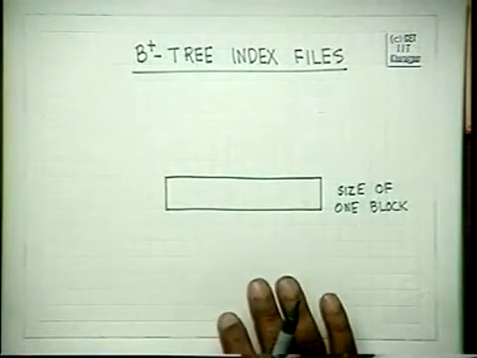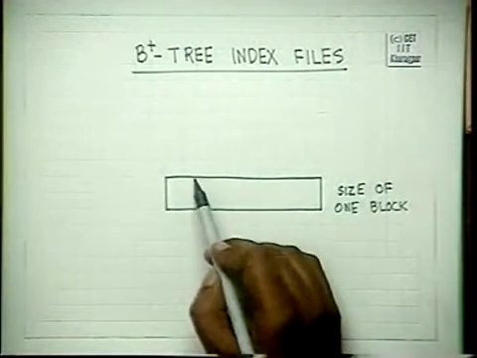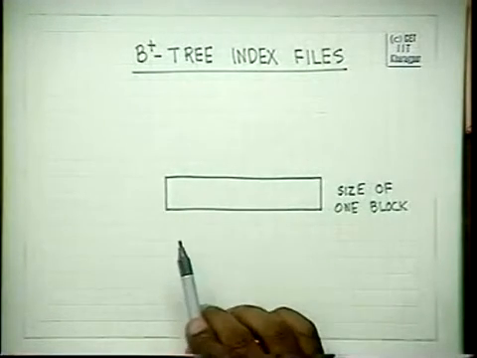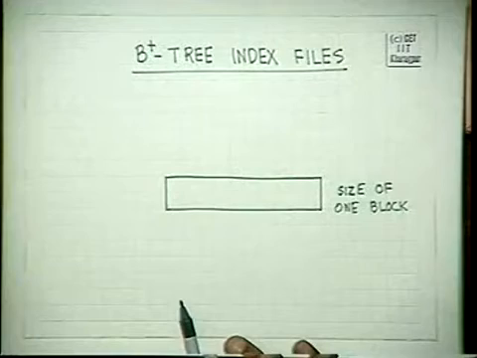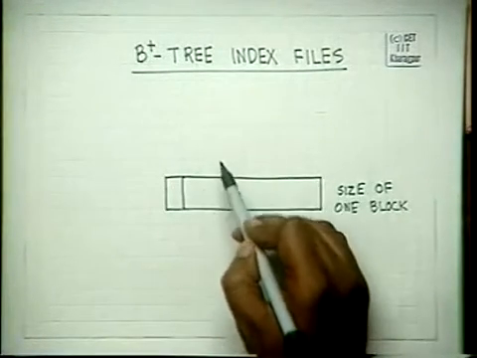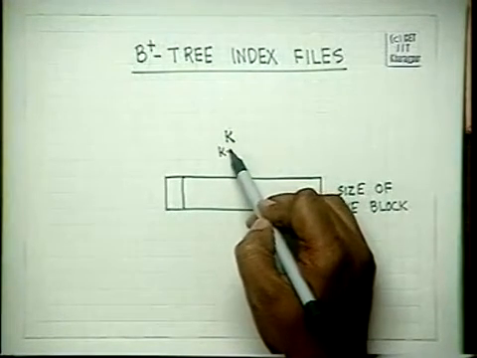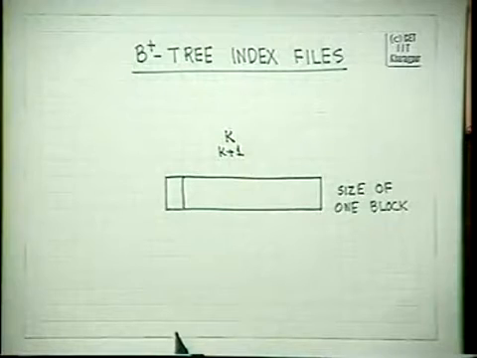Suppose it is doing indexing according to a primary key, say accession number. Now this block may hold 10 records or 20 records. We will have k records and k plus 1 pointers to blocks or records.